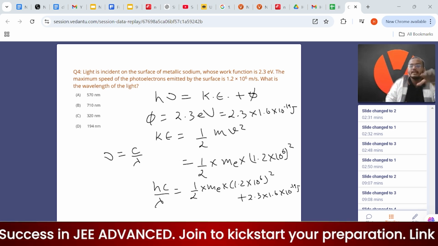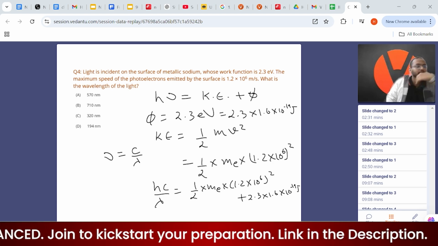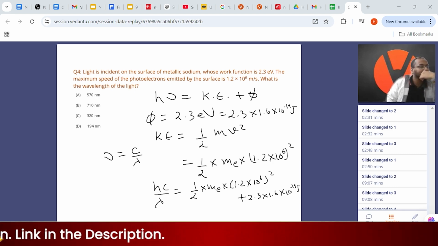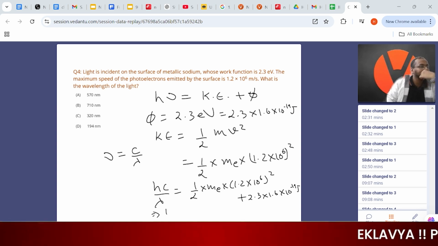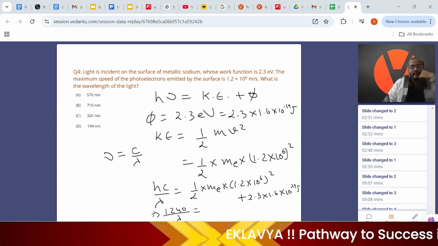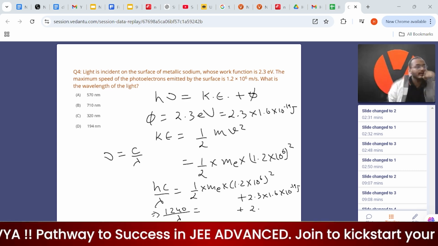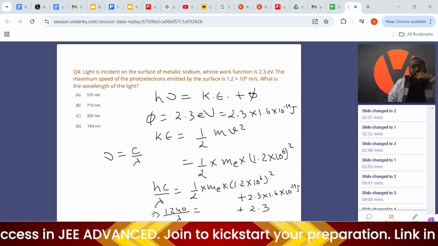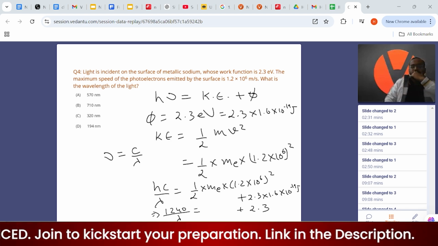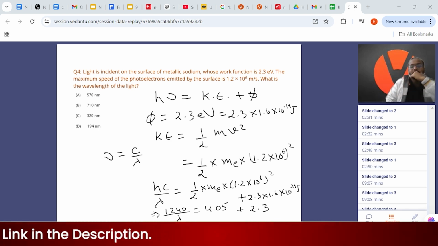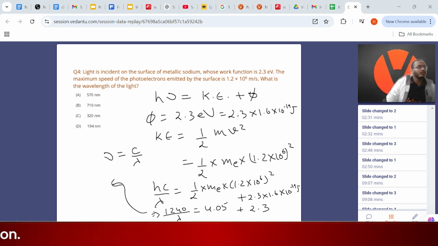So if you divide by 1.6 into 10 raised to the power minus 19, then you will get the value 1240 divided by lambda. It will be equal to this value in electron volt, which is 2.3, plus this value in electron volt, which is 4.05.